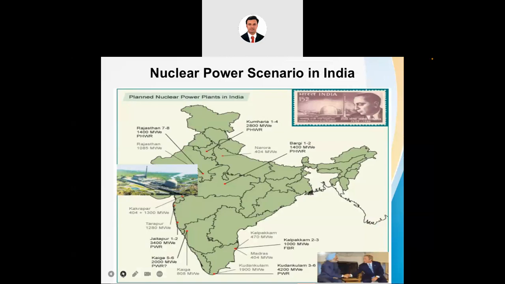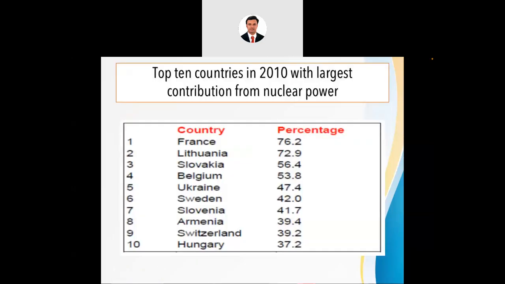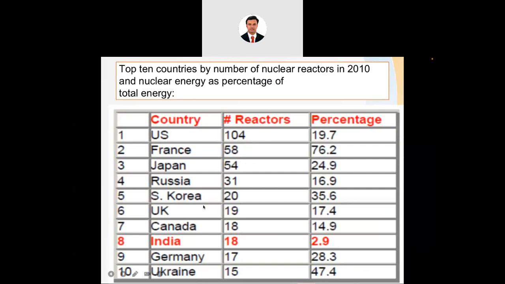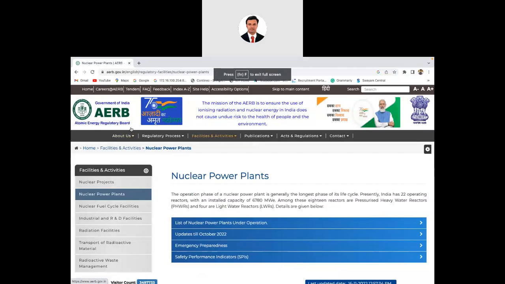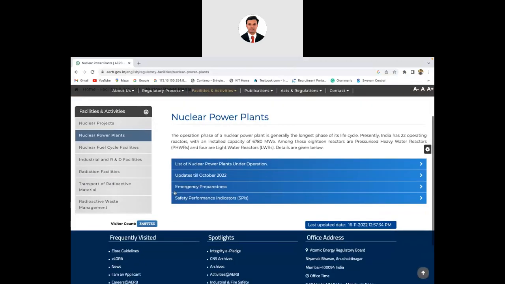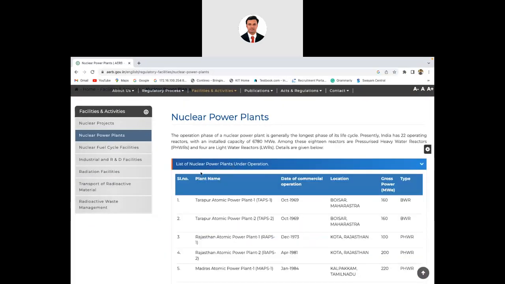Until now, India has had different nuclear power plants, which we are also going to see. I will show you the site of the Atomic Energy Regulatory Board of India, which is under the Government of India, under the Department of Atomic Energy.